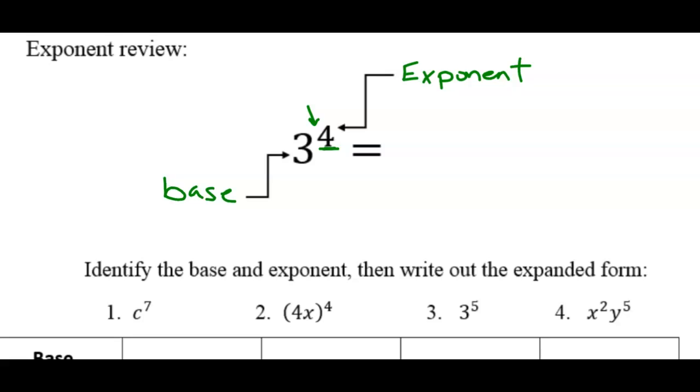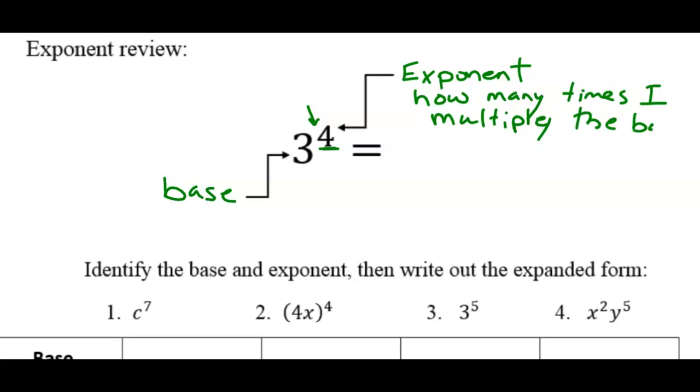Our exponent tells us how many times I'm going to multiply 3 by 3, four times. So this is how many times I multiply. The base is the number being multiplied.